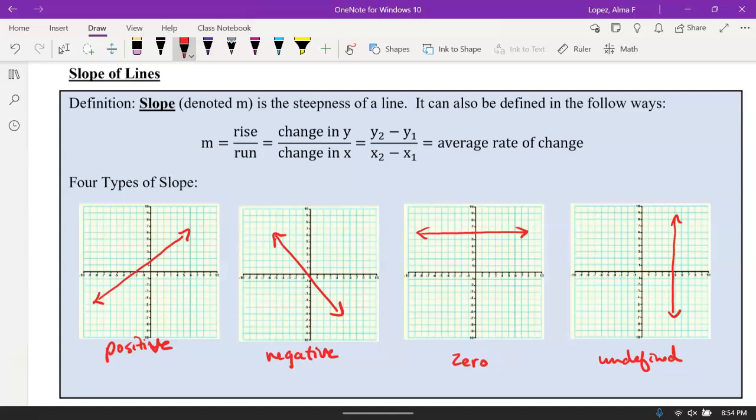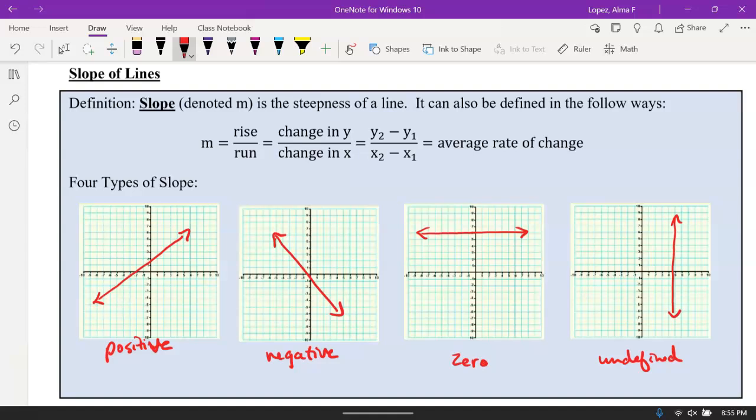If you're going down the line, it's got a negative slope because it's got a downward tilt, and we associate going down with negative. Now, if the line doesn't go up or down as you're reading it from left to right, it just remains constant. That's a 0. And of course, if it goes up and down like this, that is undefined, and it has to do with a calculation that we're going to do in just a little bit.